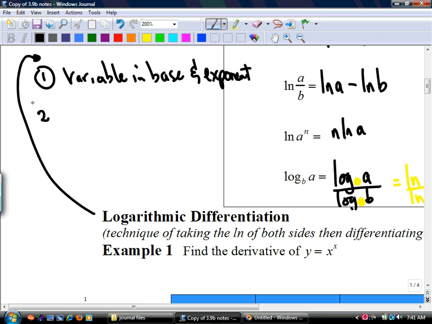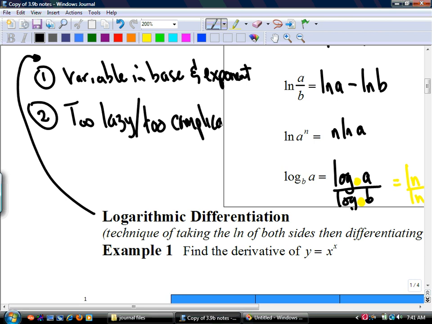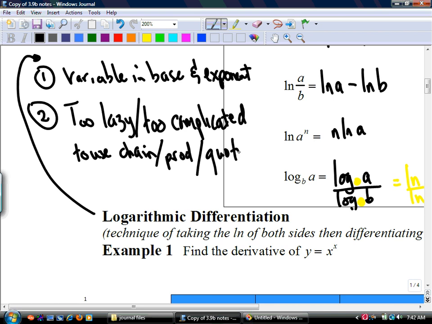The other time you use it is when you're too lazy to use the product rule and or the quotient rule and or the chain rule. Seriously. Too lazy or too complicated to use chain, product, quotient rules.